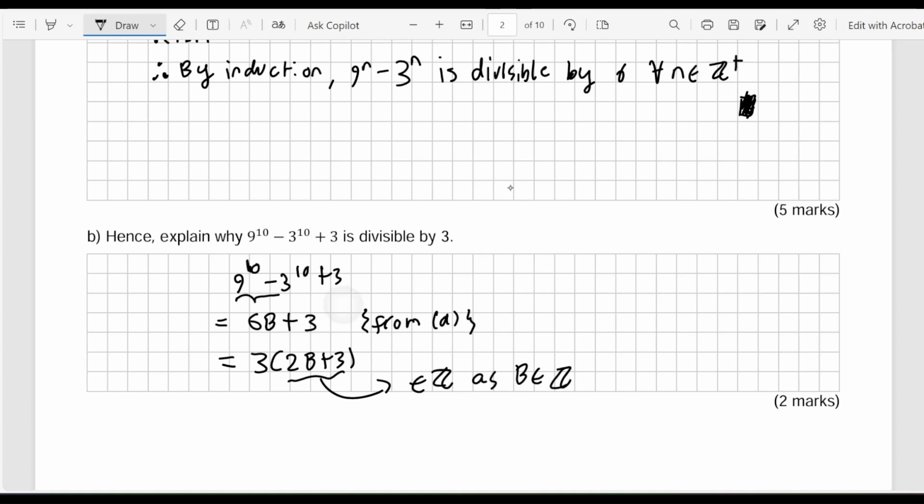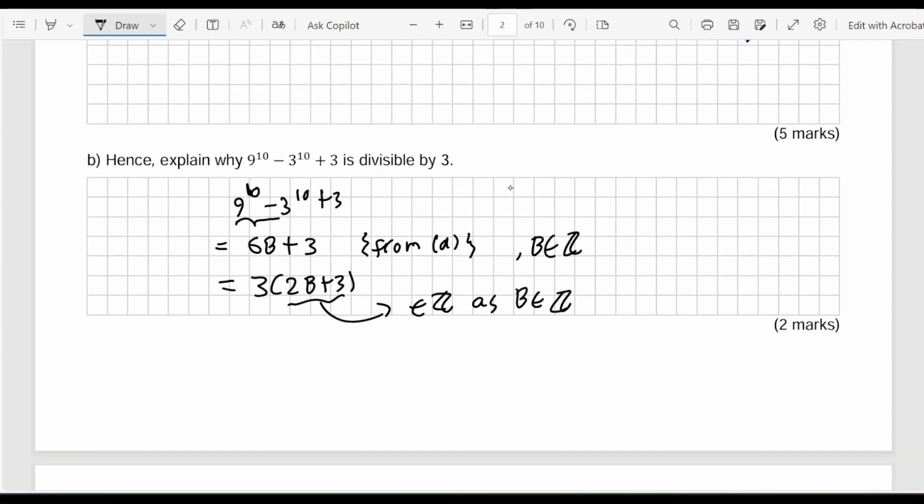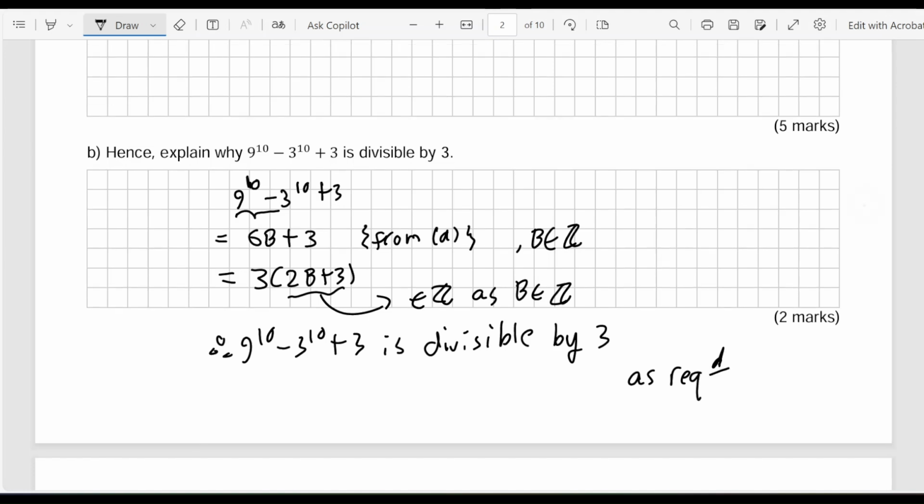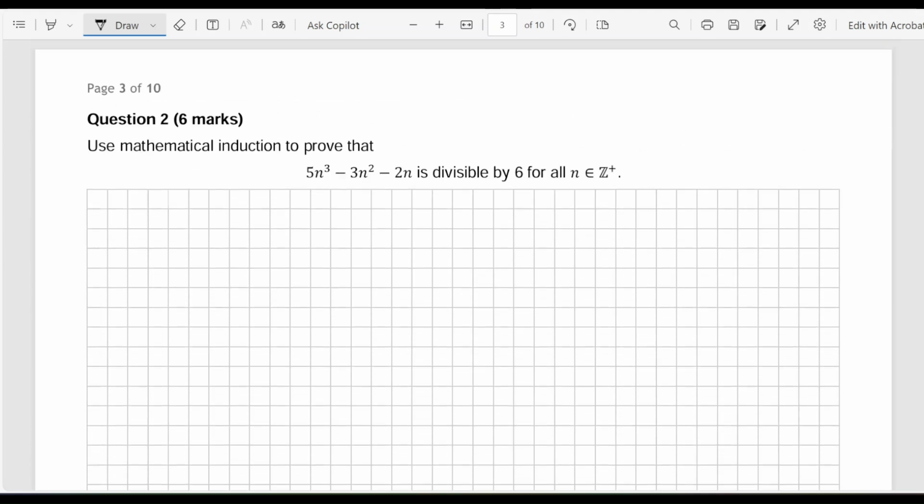Now I should probably mention that b is a whole number there. And therefore 9 to the 10 take 3 to the 10 plus 3 is divisible by 3. I might just go like as required. So sometimes you can end proofs with as required or the little square. Depends on what your mood is.